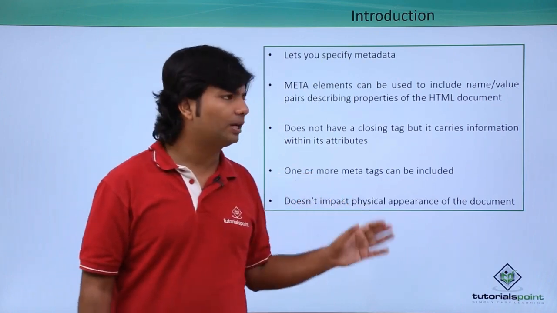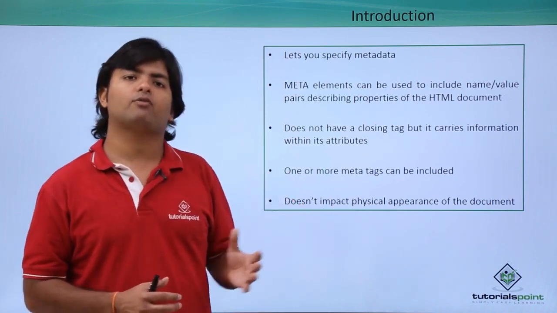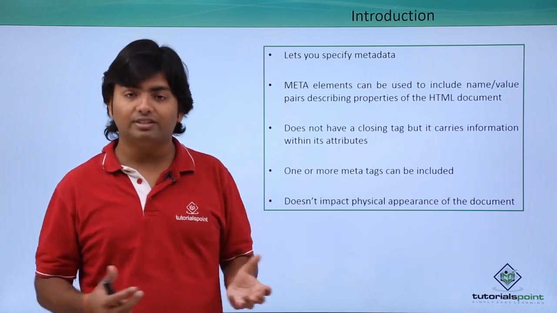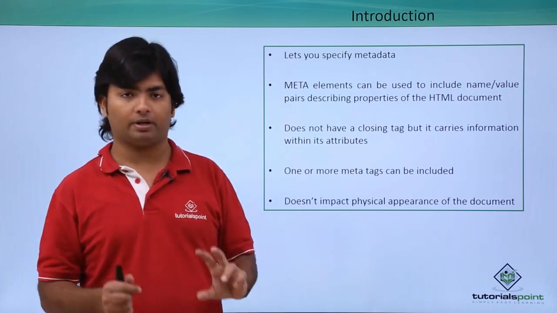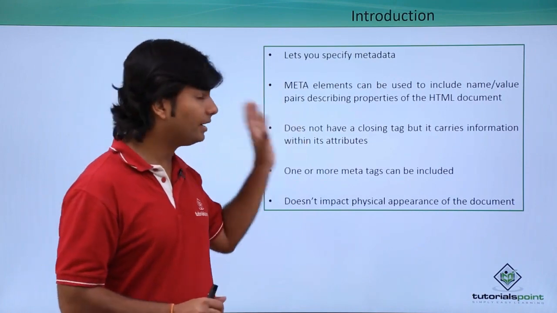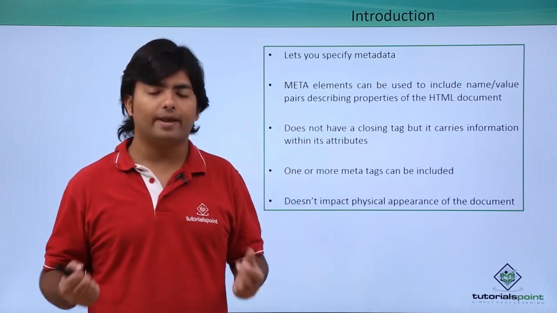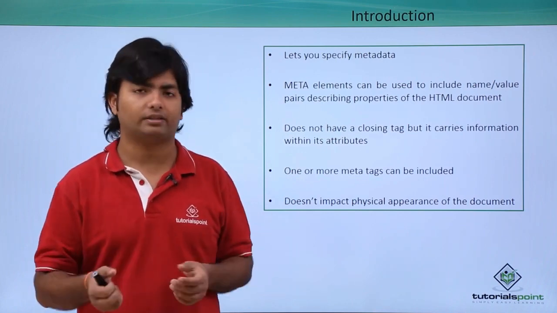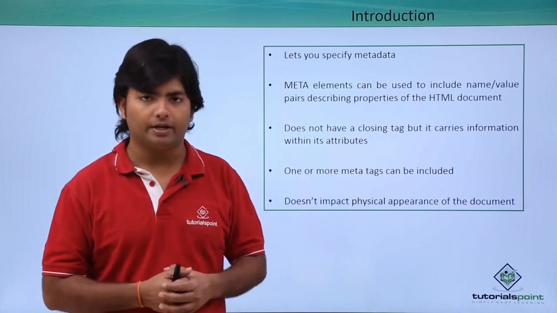It doesn't impact the physical appearance of the document. Initially I told you that whatever I see in the output of the browser will be in the body part, but I'm going to put this meta tag inside the head. Also, it contains metadata, not any formatting, so it will not impact the output one bit.